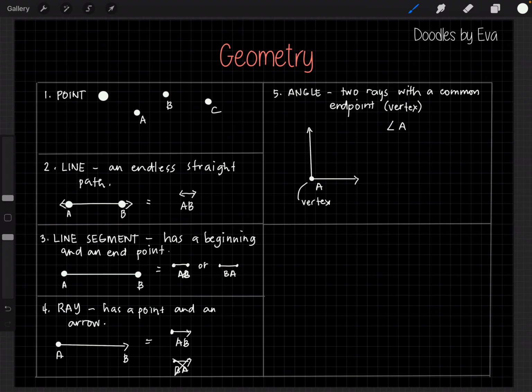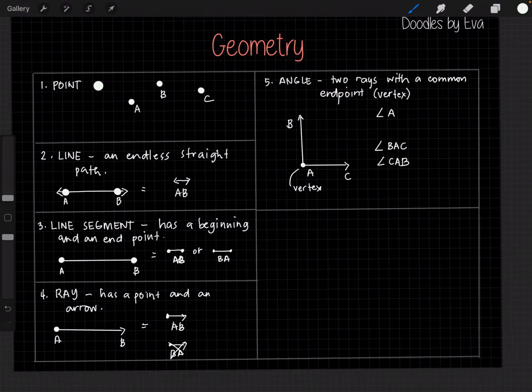If an angle is described using 3 points like A, B, and C, you can write this as angle BAC or CAB. Notice that when we use 3 letters, the vertex should always be written in the middle. Okay, so make sure you always do this.